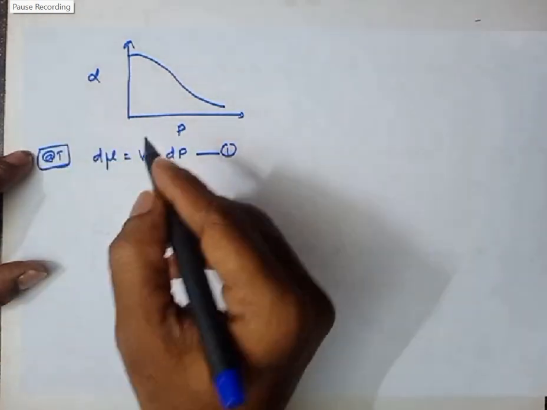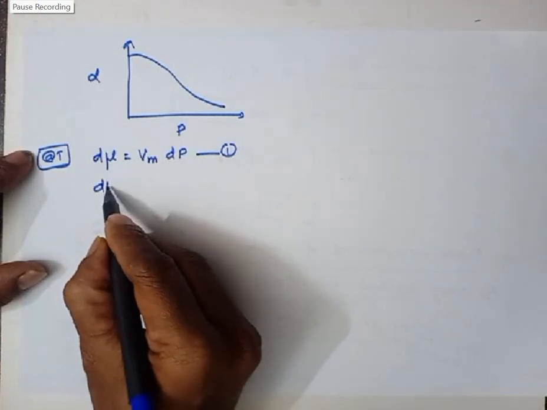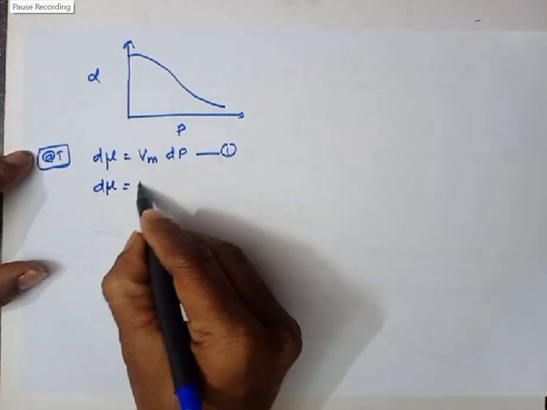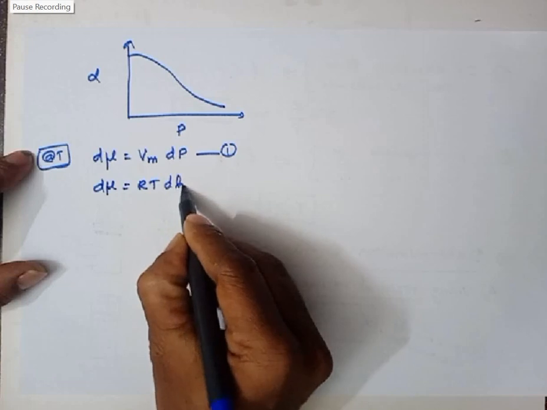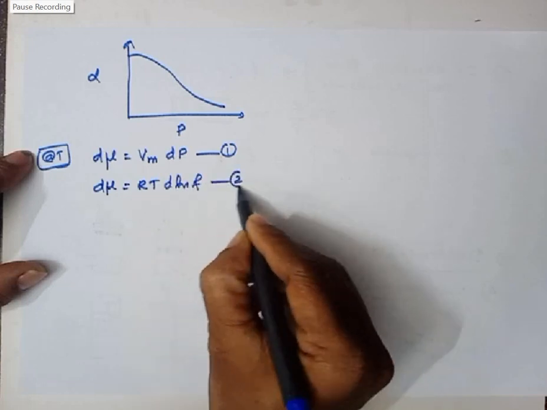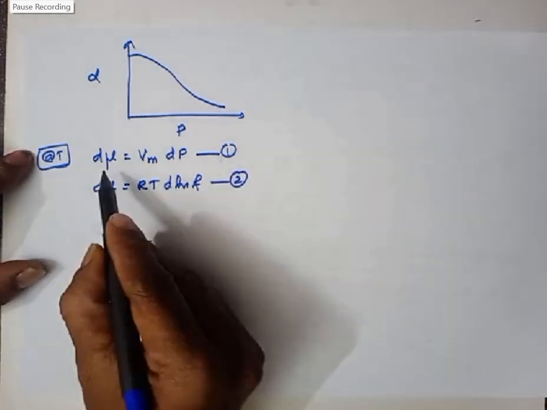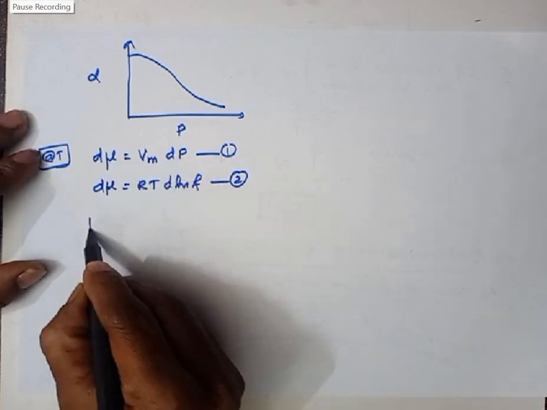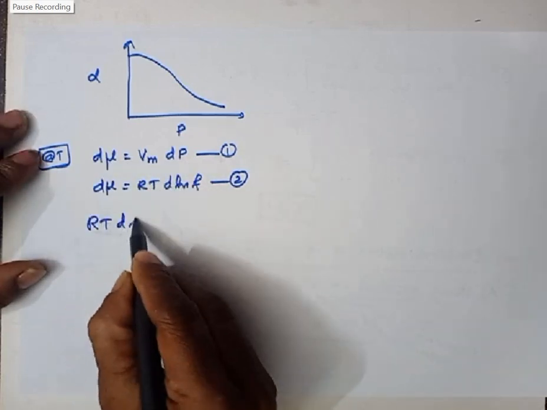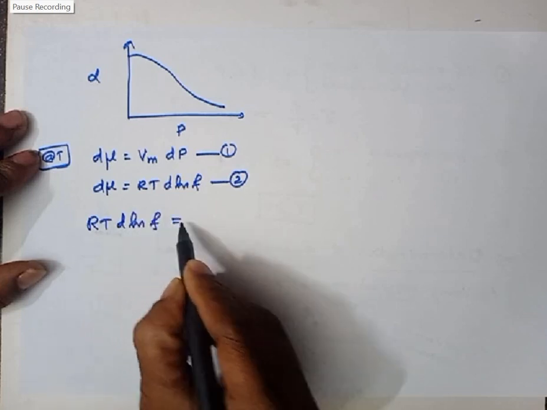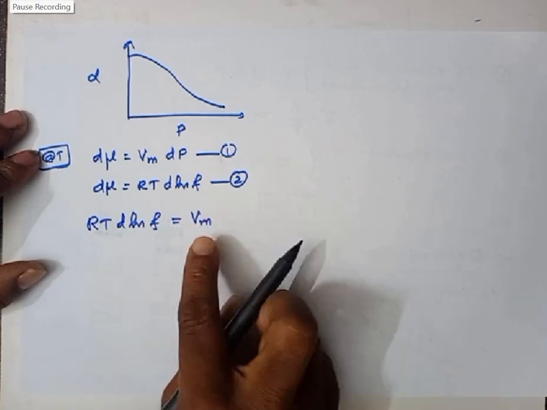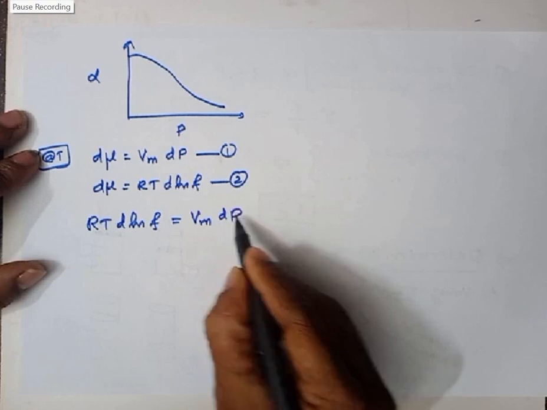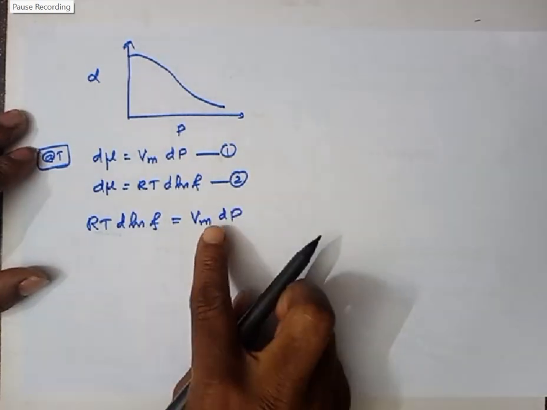We also know that d mu for a real gas is equal to RT into d ln F. In both equations the left hand sides are equal, so I am going to equate the right hand sides. So RT d ln F is equal to molar volume of the real gas into dP.